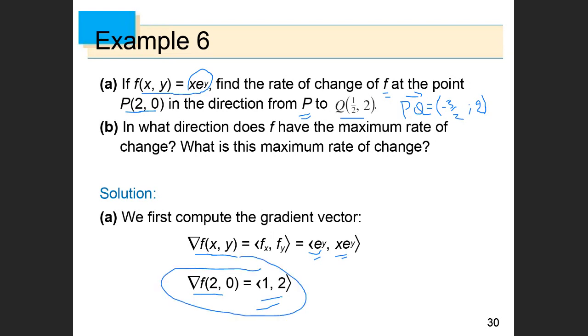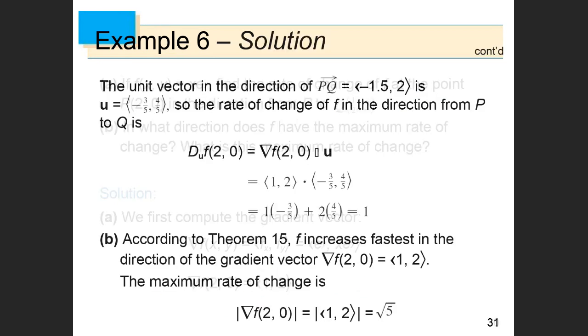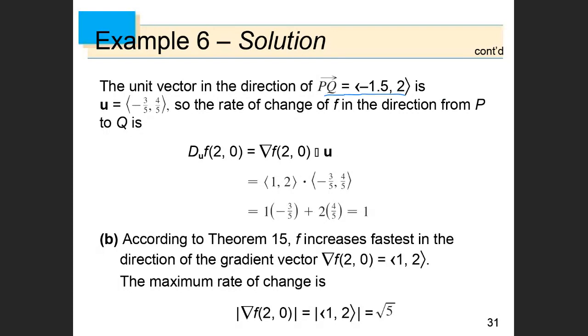So the directional derivative following PQ would be given by the dot product of the gradient by the vector PQ divided by its norm. So this is what we're going to do here. First of all, we determine PQ as we did in the previous slide, and we divide it by the norm of PQ.